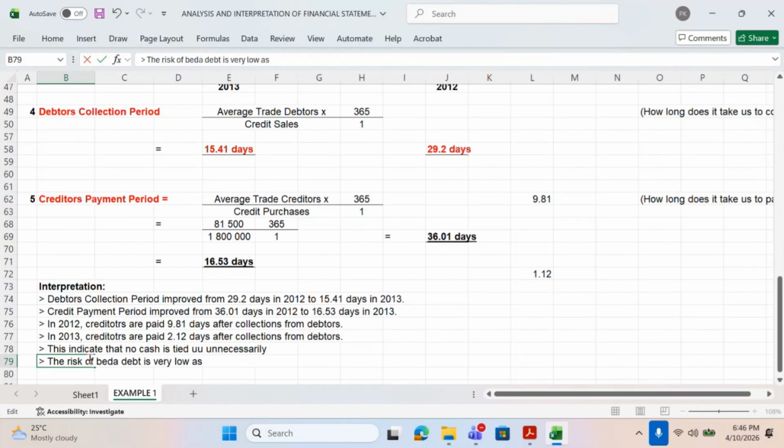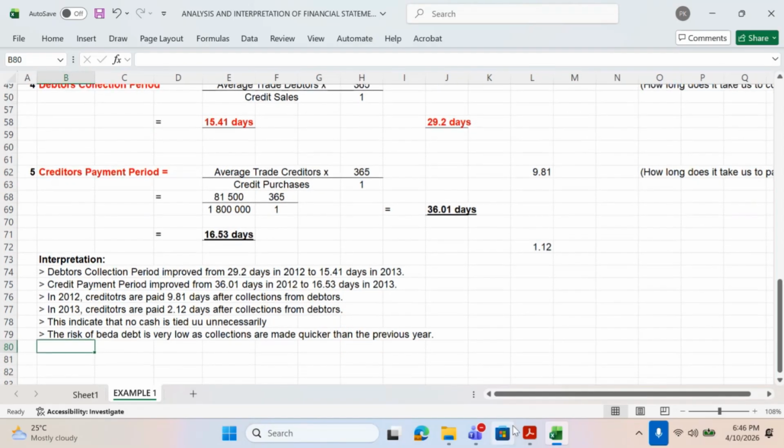As collections are made quicker than the previous year, right? It's a very good comment that we can put here.